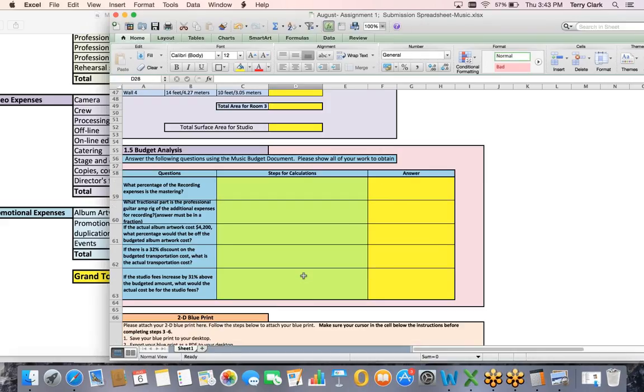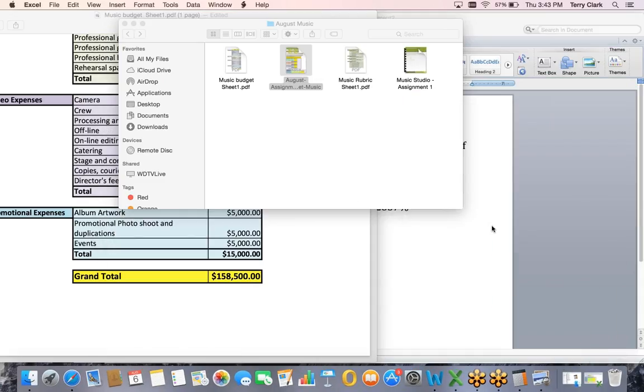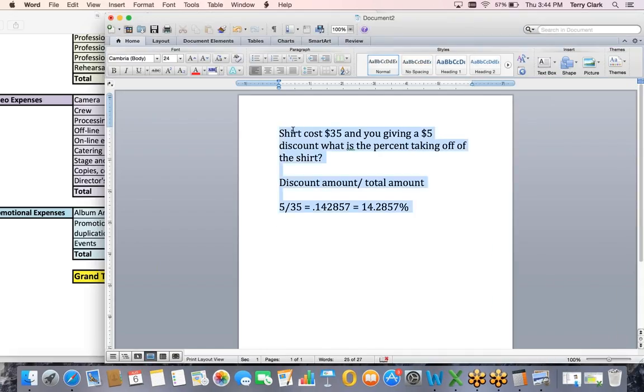So let's see what the other one says. If there's a 32% discount on the budgeted transportation cost, what is the actual cost? Okay, so that's a lot similar to what we just did.